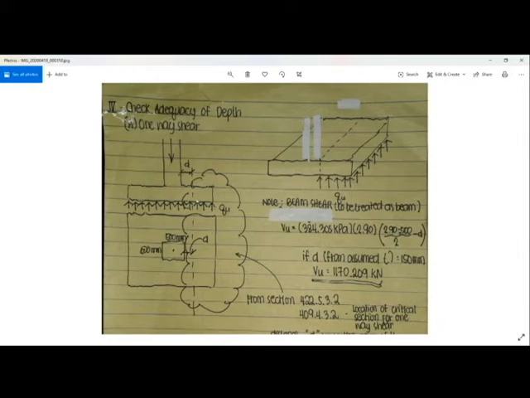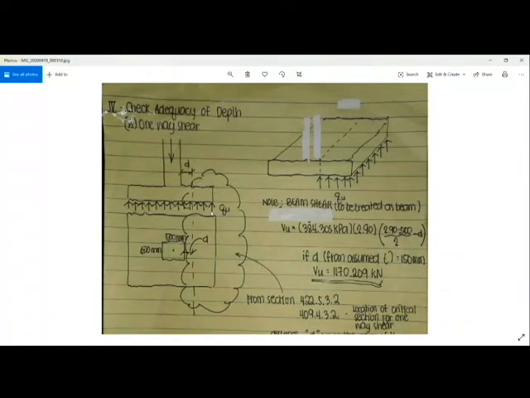So the load we transferred from the column to the footing is resisted by your assumed bearing capacity denoted by qu, the bearing capacity from the soil to the footing, which is the one that will cause failure on your soil when it comes to one-way shear.